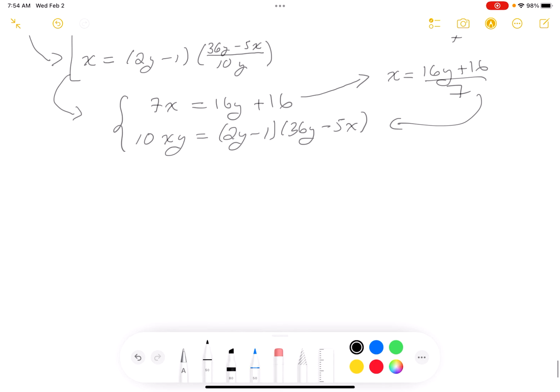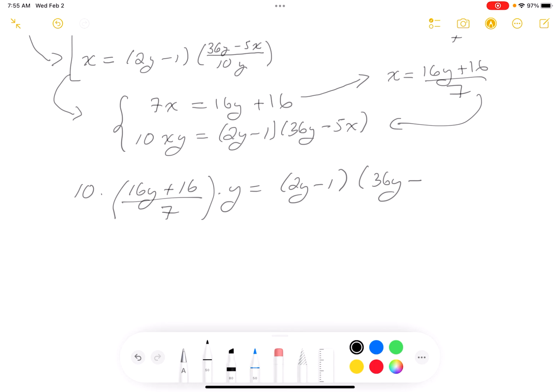So what do you get? 10 times x over 7 times y equals 2y minus 1, 36y minus 5 times 16y plus 16 over 7.